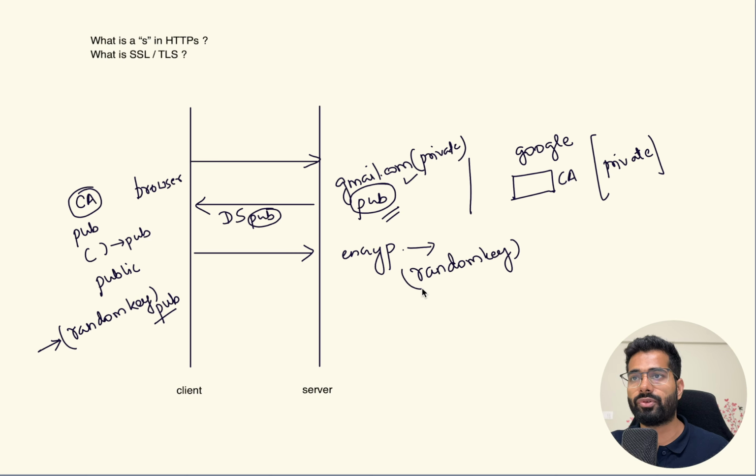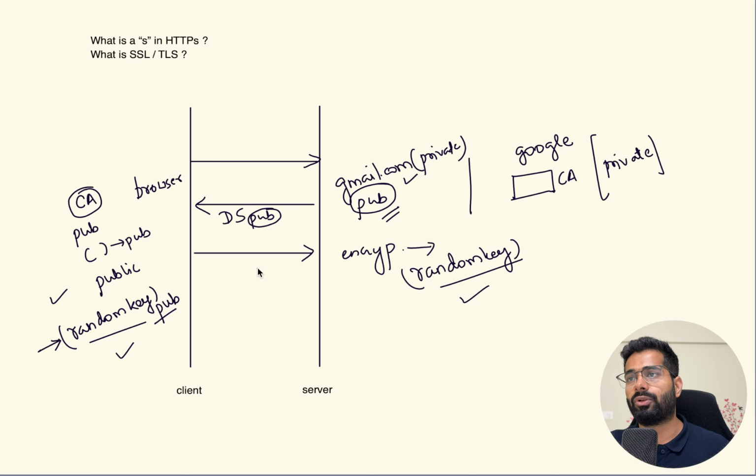Now in the whole universe, these two computers are the only computers that have this random key. My computer, the browser, has it because I generated it, and the server has it because it used its private key to get the message back.